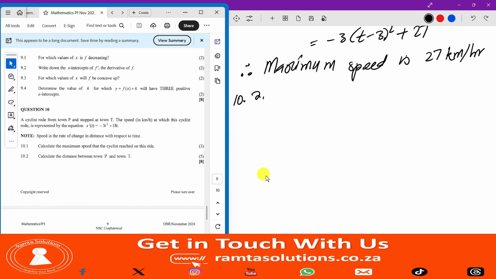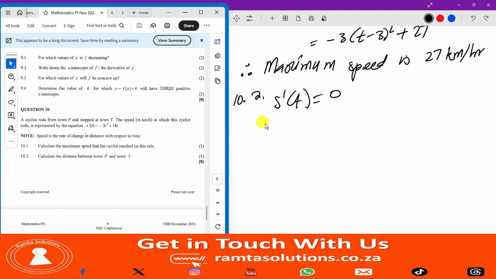So what we can do now is, I'm going to advise that we first find the t values at which we have a minimum and a maximum. So we will say s prime of t equals 0. So let's solve.